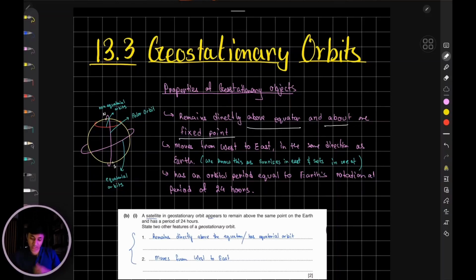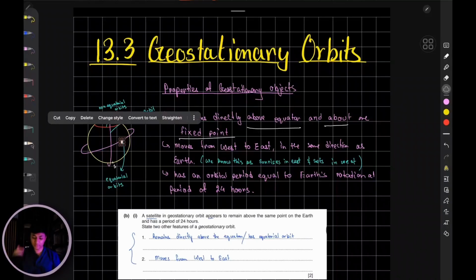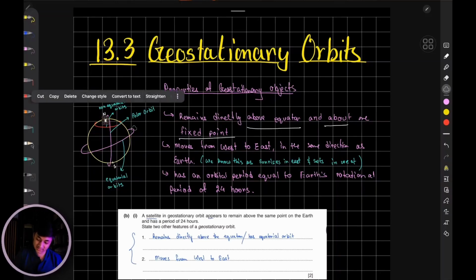So if I show that on a diagram, if I have this point as my fixed point, our satellite is going to revolve directly about this point along with the Earth. However, notice, if I laid it over here and say this is the circumference you have to orbit, it will go out of sync from the fixed point because Earth is rotating in this direction.